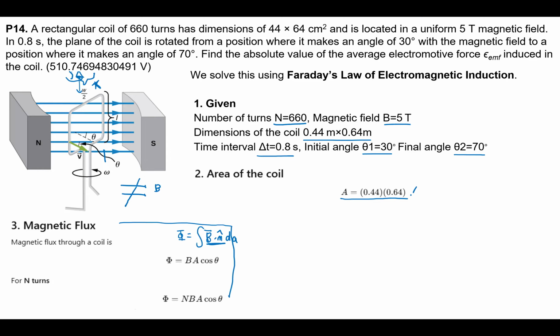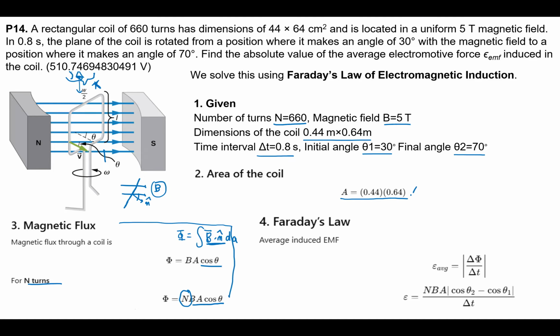In this case, your normal vector n is not parallel to the field. It is making a certain angle theta, and then it becomes cosine theta. In other words, if you have N turns, then you should multiply by this one, and it becomes NBA cosine theta.